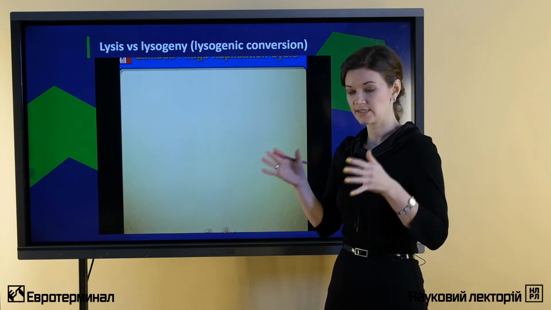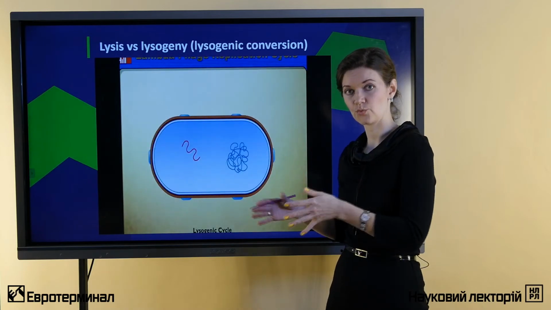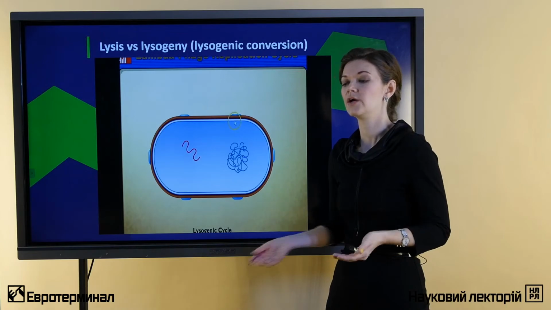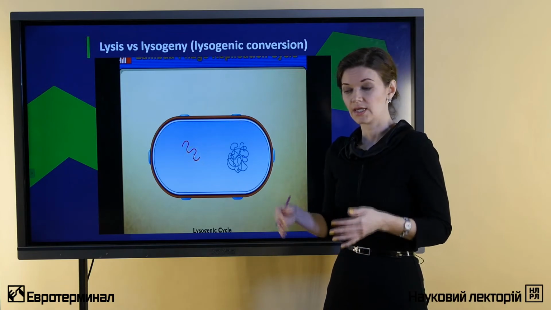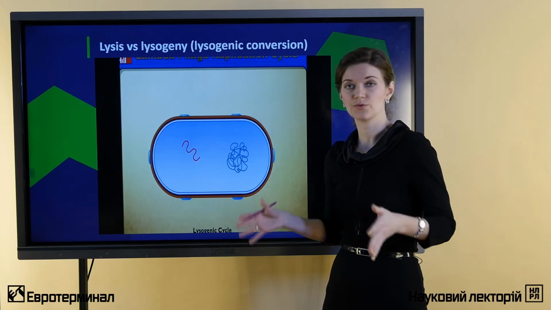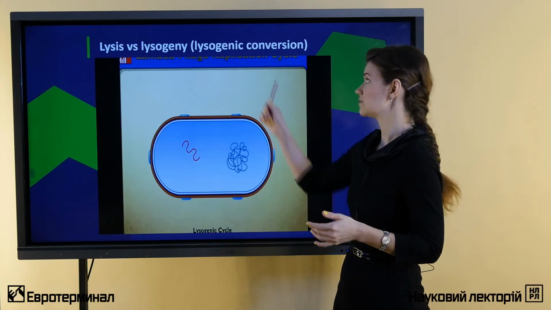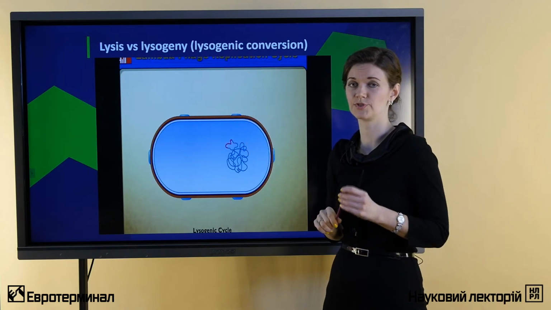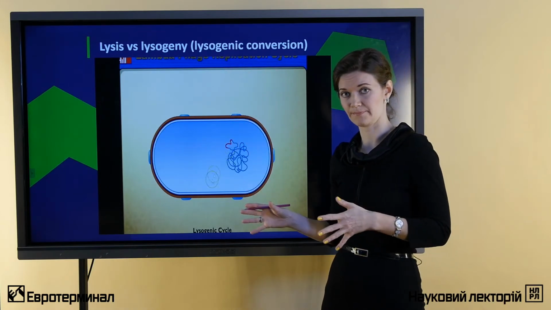It means that this bacteria, without the phage, was sensitive to antibiotics, and when this bacteria received the phage, it became resistant to antibiotics, cannot be cured with antibiotics. So the state of lysogeny, lysogenic conversion, is very important if we talk about phage therapy.